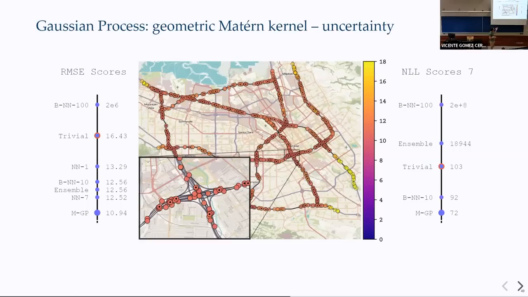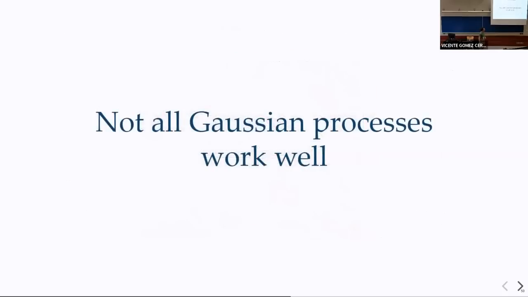Also, in terms of NLL score, we are quite good here with Gaussian processes. So again, this is not because Gaussian processes are great all the time, regardless of any other parameters of the problem or the particular Gaussian process model design. This is not that. I'm actually going to show you that not all Gaussian process models work well on this particular example.